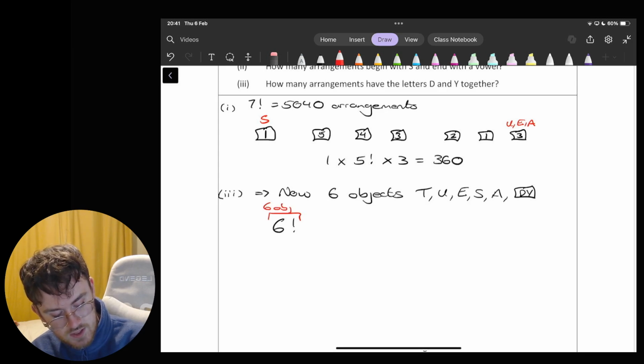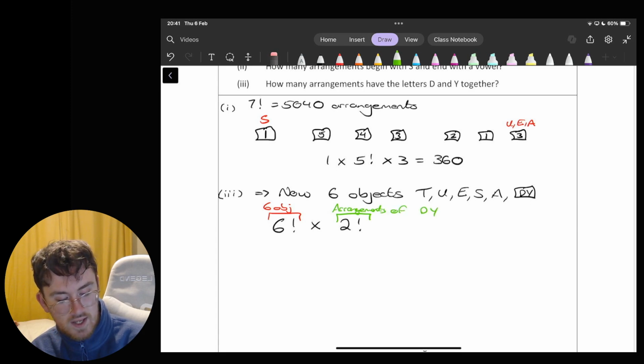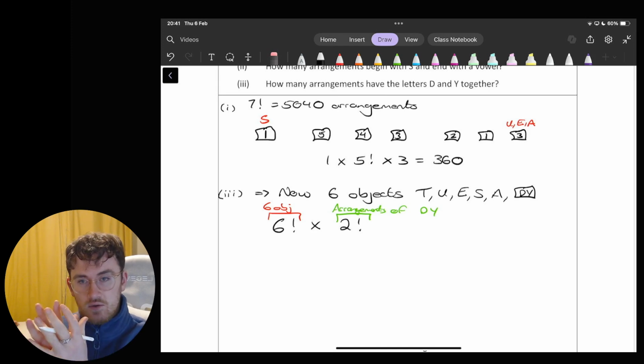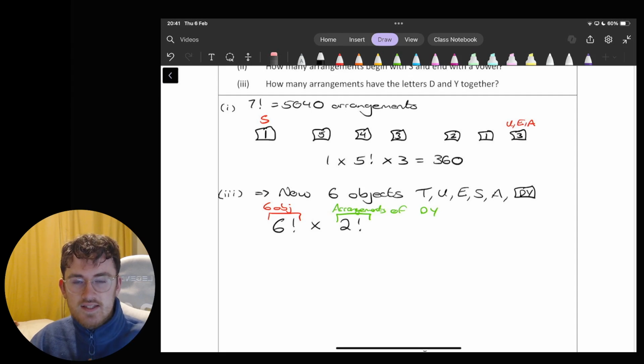So there are 6 factorial ways of arranging those letters, so T, U, E, S, A, and then this D, Y combination.